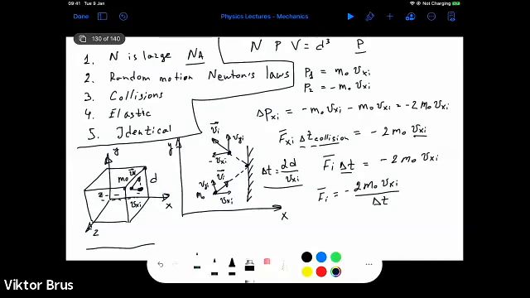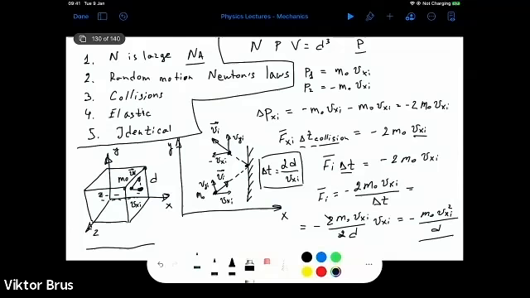So we know that delta t is defined by this equation, so we can use it. And we get the following. So it will be minus 2m naught Vxi divided by 2d times Vxi. So 2 and 2 we cancel out. We get minus m naught Vxi squared divided by d. Okay, so this is our average force.